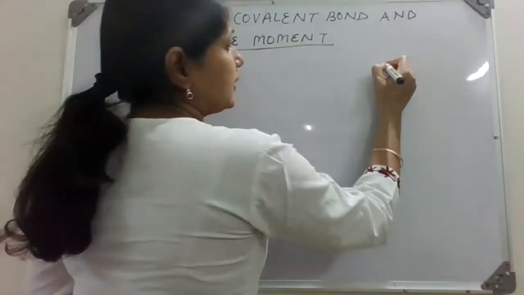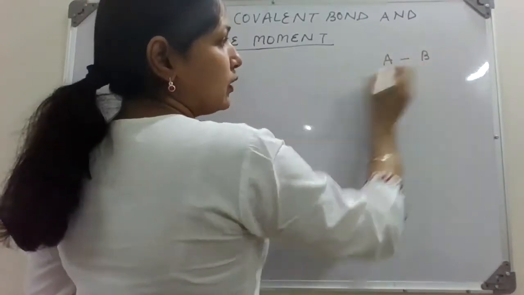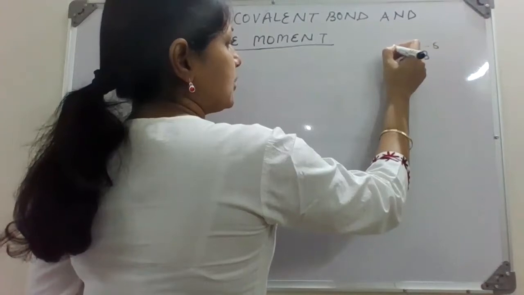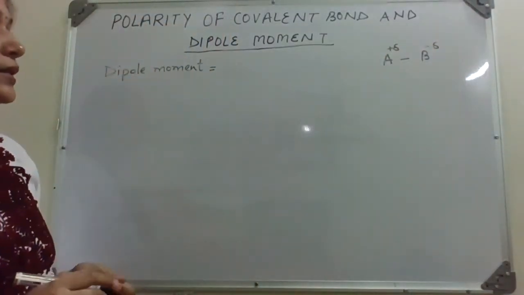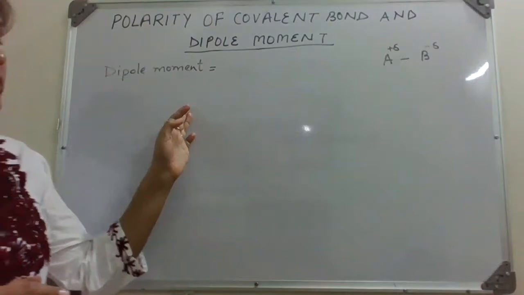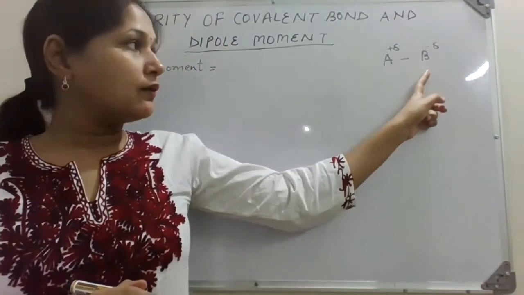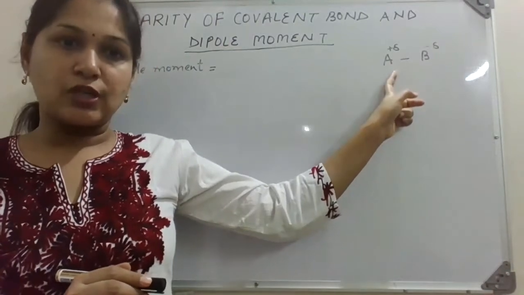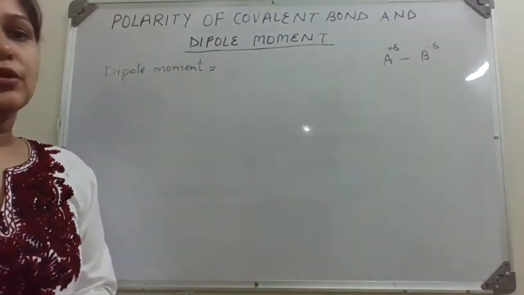Suppose it is a polar molecule, it has a partial negative charge and a partial positive charge. So dipole moment is defined as the distance between the two bonded atoms having partial negative and partial positive charge, multiplied by the magnitude of charge on the atoms.